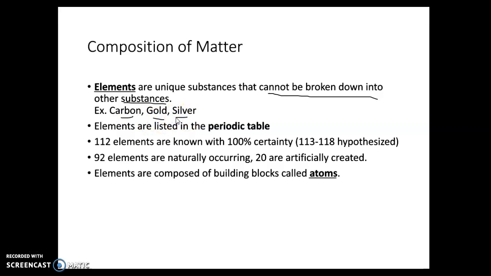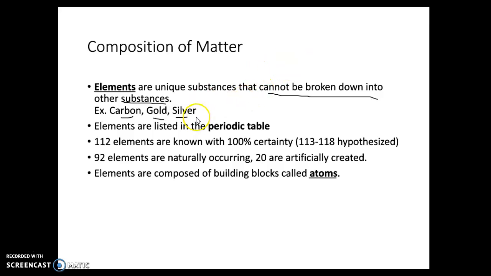I'm going to ask a question, I'll let you think about it. We actually have some elements that are major contributors to the human body. They actually make up 96% of the human body. I'll let you think about that for a second.